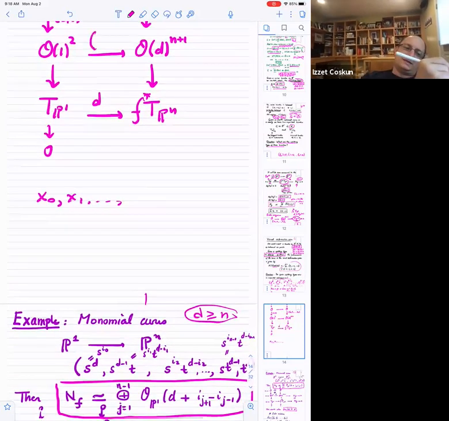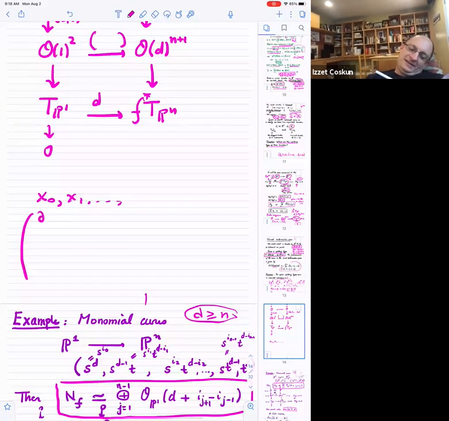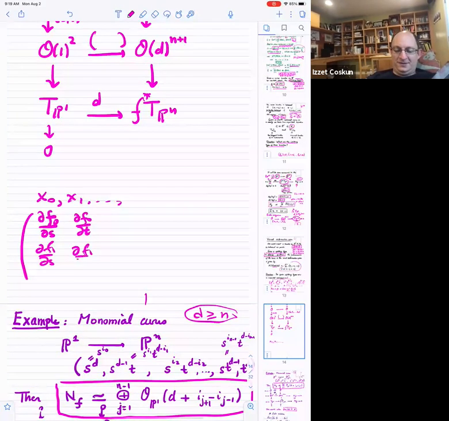This matrix is given by the Jacobian matrix. I always get these things backwards. I think we should do it like this: you have df0/ds, df0/dt, df1/ds, df1/dt, and so on, up to dfn/ds, dfn/dt.